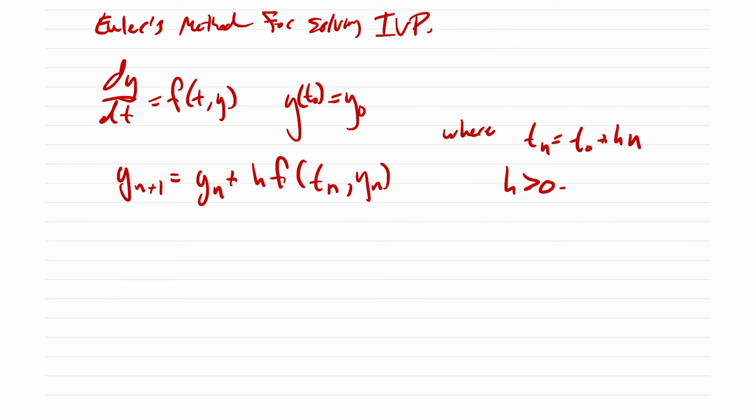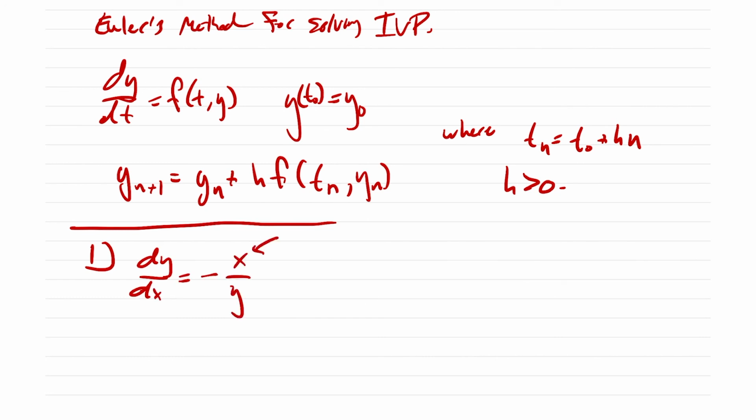So go ahead and try out, say, number 1 out of the homework. We have dy/dx equal to negative x over y. So this ends up being my f of x, y. Instead of t here we have x. And then they're asking us to approximate the solution to the given initial value problem at the points x equals 0.1, 0.2, 0.4, and 0.5 with a step size of 0.1.